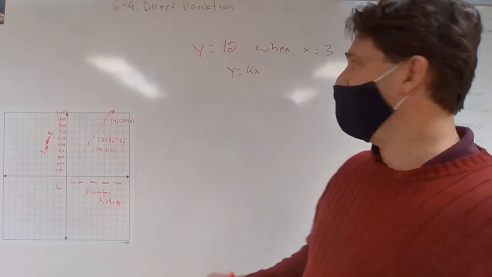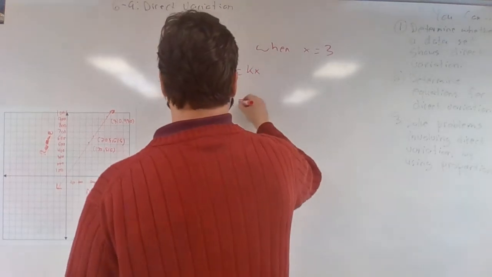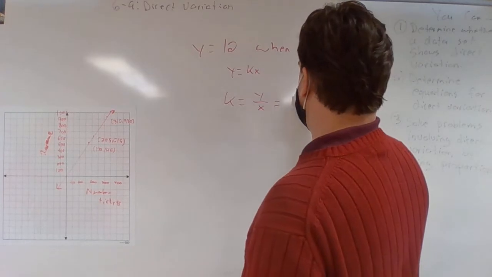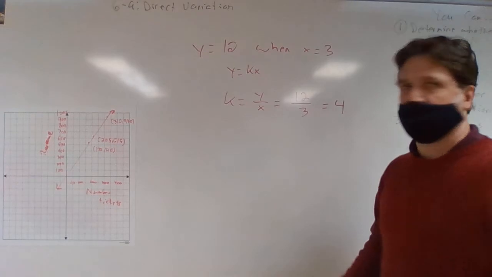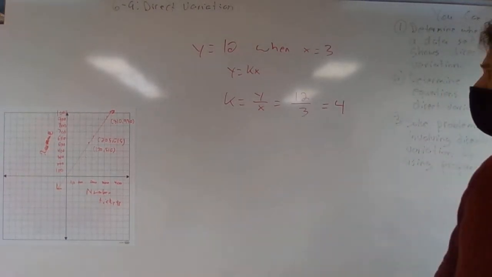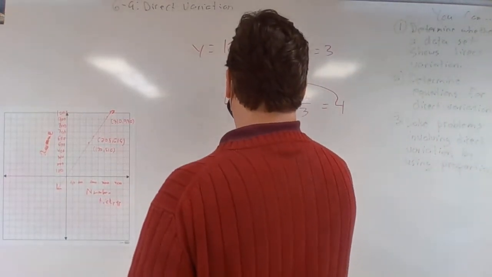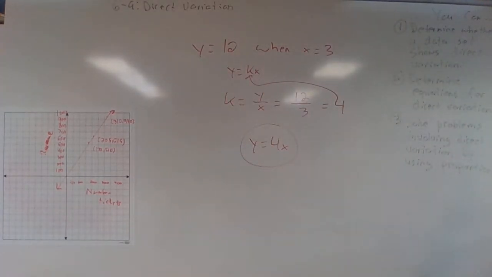But for the moment, I need to go k equals y over x. K equals 12 over 3. K equals 4. And then all I merely need to do to finish this off, plug it in there, y equals 4x. Solved. Done. That's all there is to this.